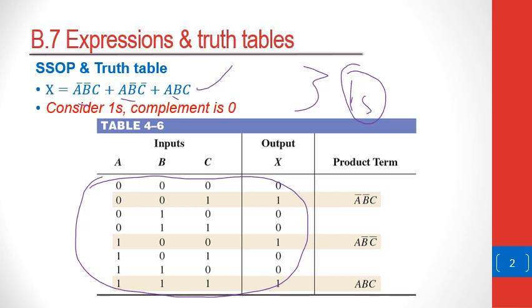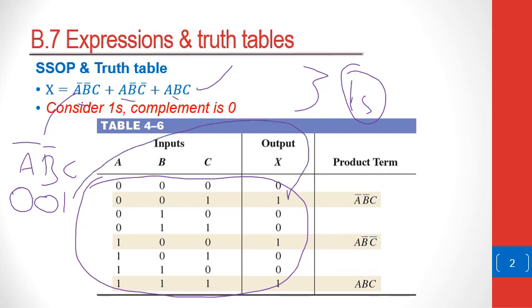The first product is A bar, B bar, C. This corresponds to a 1, but we know that a complement is a 0, which means the input 0, 0, 1 will give us an output of 1.